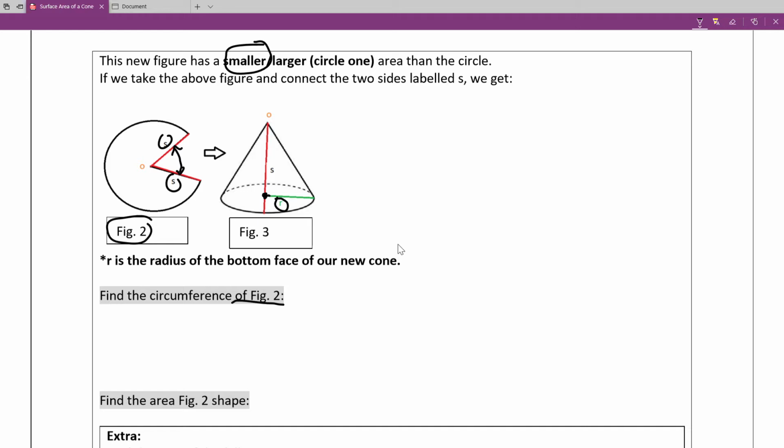Finding the circumference of figure 2, which I'll label in orange, is pretty difficult if we just look at figure 2. However, it becomes very simple if you consider figure 3. The circumference of the bottom face of figure 3 must be equivalent to the circumference of figure 2. Let's take a look at the video again to verify that.